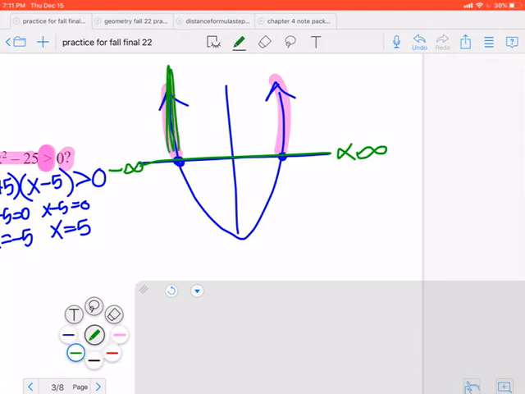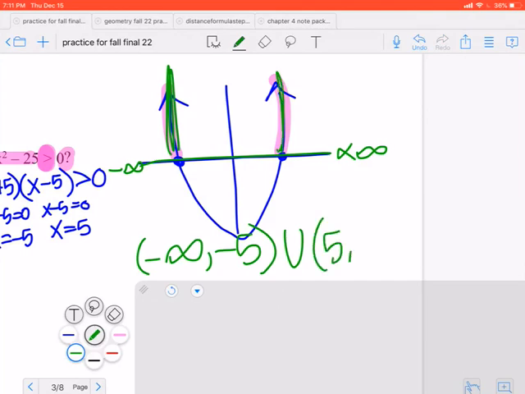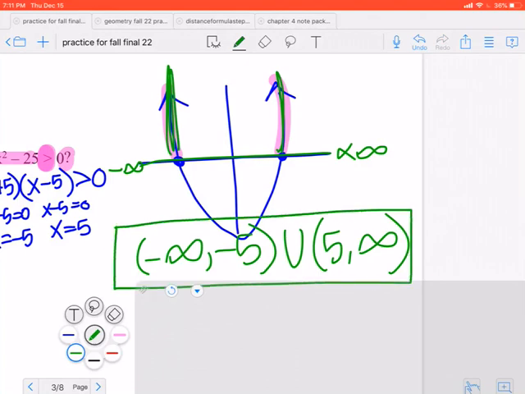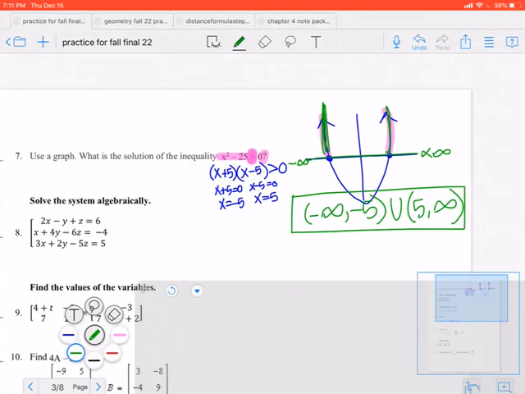So this left-hand section of the parabola is from -infinity to -5 in union with, and the right-hand section is from 5 to infinity. And there we go. That's our answer. That's where the graph is positive, greater than 0.